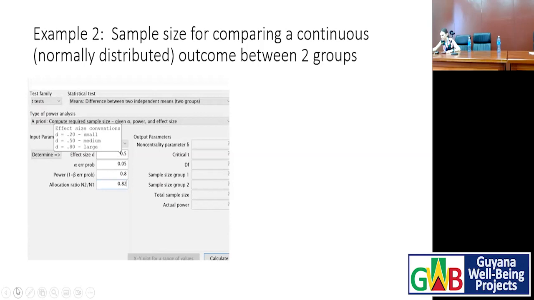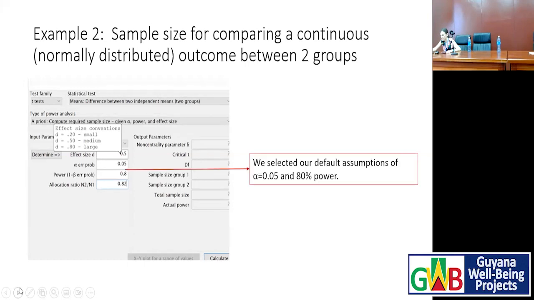So here's our screen. Again, we're going to fill in the input parameters. For the alpha and the power, we've selected 5% and 80% again.